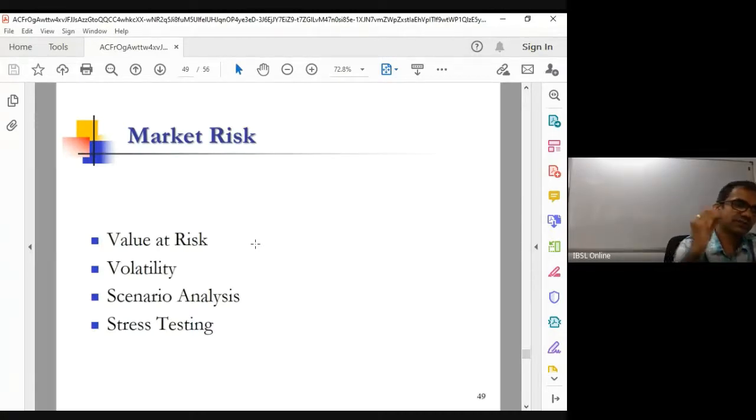By how much will the value of our portfolio decrease within a given time frame due to all these market factors? One way to measure that is volatility. And the other most common risk measure is value at risk.